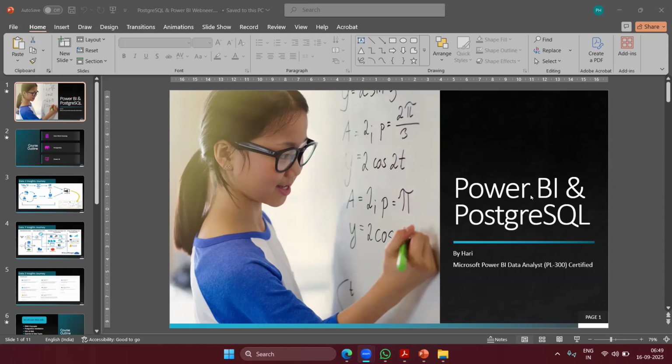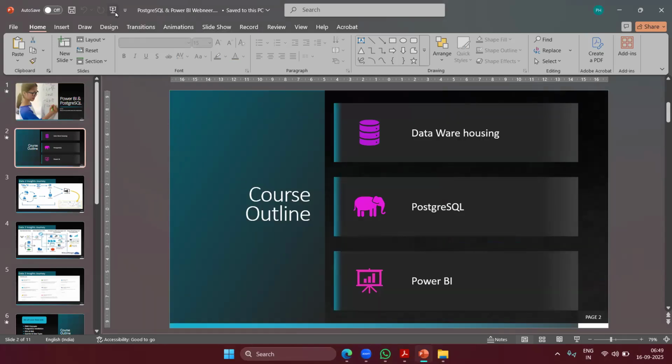We are focusing on these two things, and we are also going to learn the fundamentals of data warehousing. Our objective is to land a job related to the Power BI tool by gaining a certification on Microsoft Power BI Data Analyst, PL-300. Now, let me start this slide.